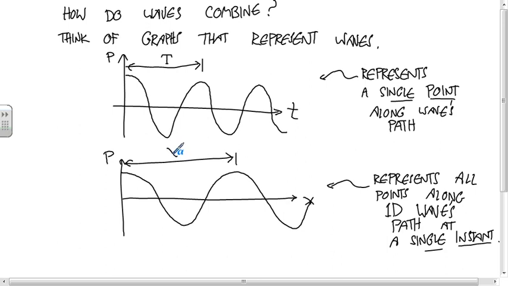Wavelength, yep. So the first thing you need to do when you see a cosine graph is make sure that you know whether you're talking about position versus time for a single point along the wave, or whether you're talking about position versus x at a single instant in the wave's development, okay?